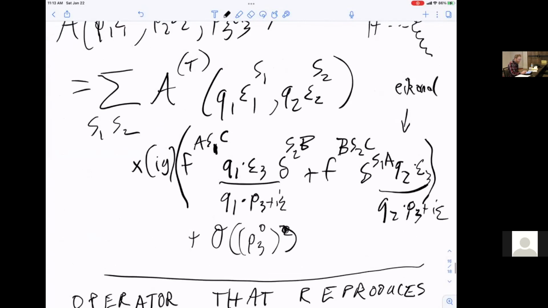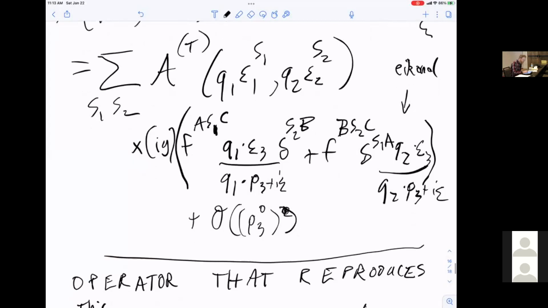Well, if I look at my expression for the expansion of the 3-point amplitude, and I ask, is this thing polynomial in my momentum P3? The answer is no, it is non-polynomial in my momentum P3. And the physicist shorthand is that local means you're polynomial in the momentum, right? So it's not polynomial in the momentum. I cannot have a local operator that will interpolate my soft matrix element. And I can just get that by looking at the full theory expansion.